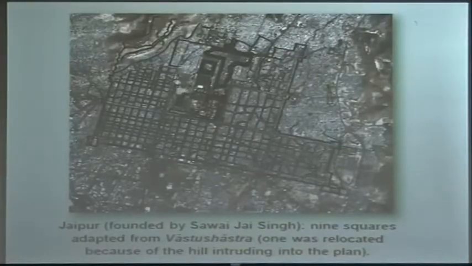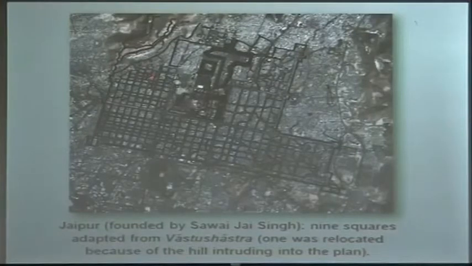And then we can see entire cities, of course few. I showed the other day some very striking city of Shishupalgarh near Bhubaneswar with this rigorously square plan. This is Jaipur, where we can see the same set of 1, 2, 3, 1, 2, 3, 1, 2, 3 squares, except that the hill here, you see, this is where you see that Indians can always adjust and are always accommodative.